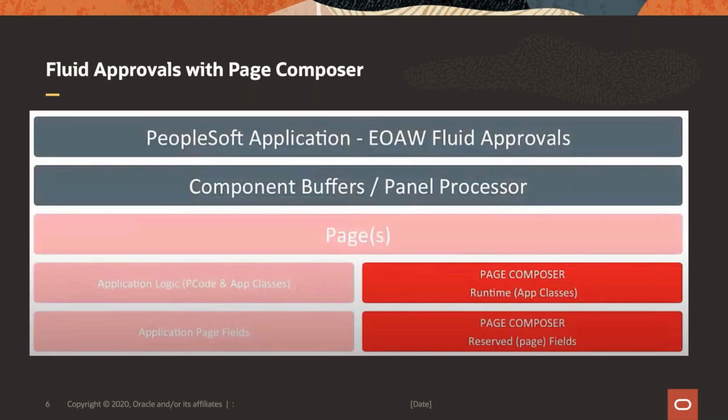And the good thing to note here, for a technical person, is that this is running in real time, right? So if I make a change, there's no compiling that happens. I can make a change and then go directly to the page and view that change. So anything that I make from the Page Composer standpoint can actually be seen in real time.